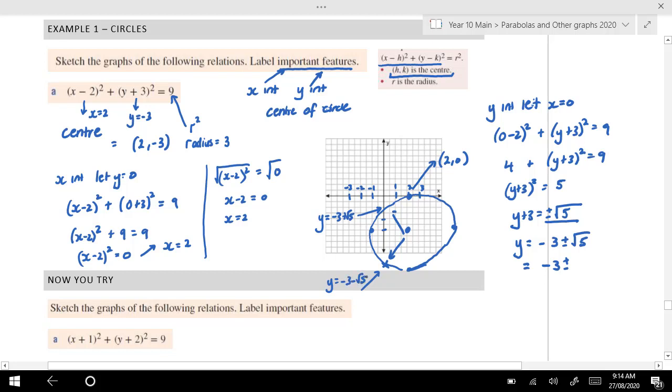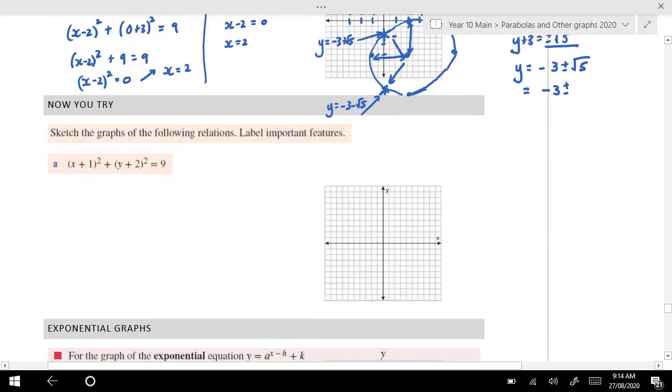Like so. They're all the important points. We've got the center, we've got the radius. We can almost find the X-intercept that way, and then we can find our Y-intercept. We've got a Y-intercept here and a Y-intercept down here somewhere.